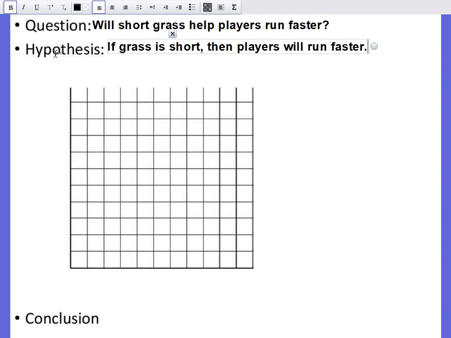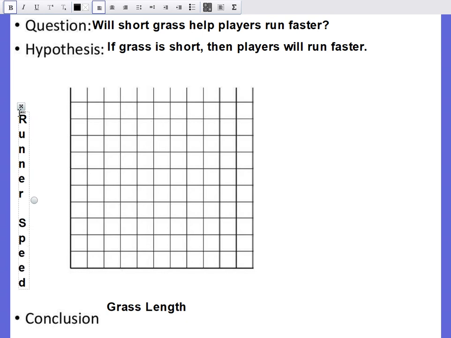Then I'm going to set up my graph. The first thing I'm going to do is pick my labels. On the bottom, I need my independent variable. That was grass length. And on the side, I need my dependent variable. That's runner speed. That was in meters per second.